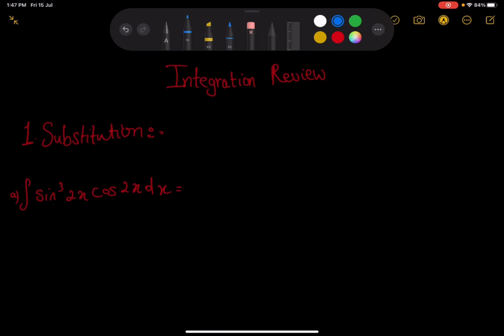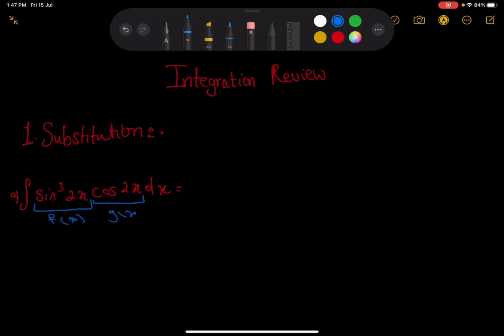We use this type of integration when we have two functions which are multiplied together. Here is a function that we can call g of x, and here is another function which we can call f of x.